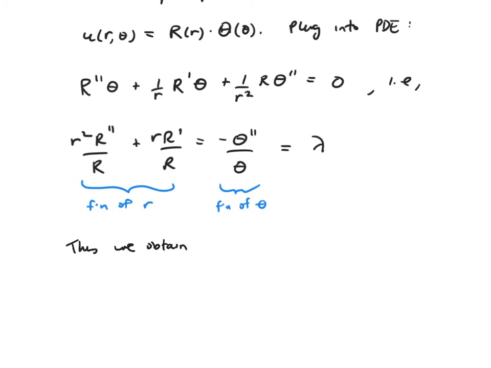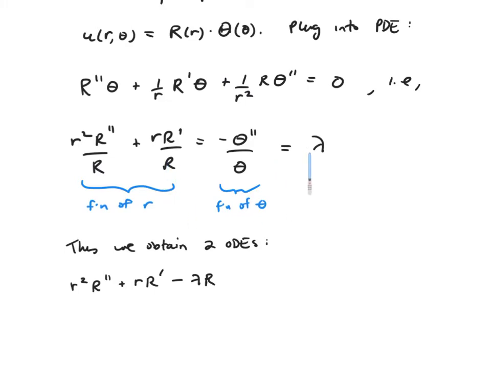So we obtain the two ODEs that look like R squared R double prime plus R R prime minus lambda R equals 0. So I've multiplied that all through by R. It drops onto the lambda up here.